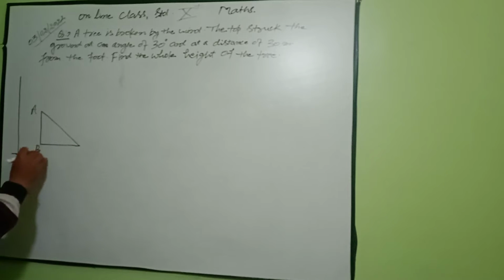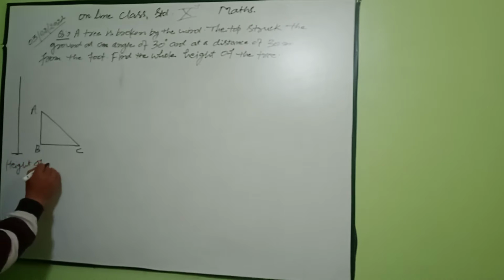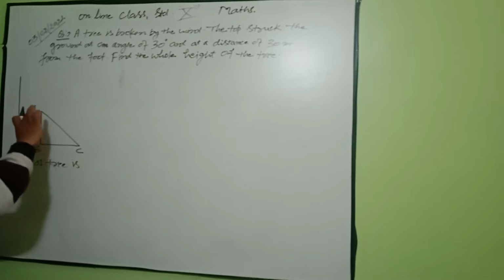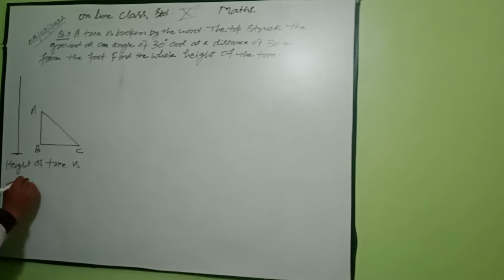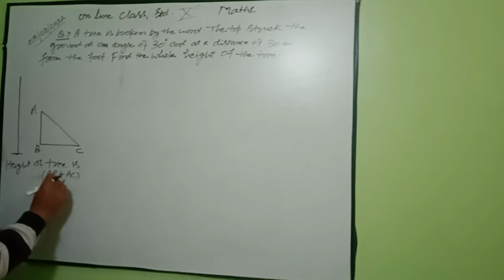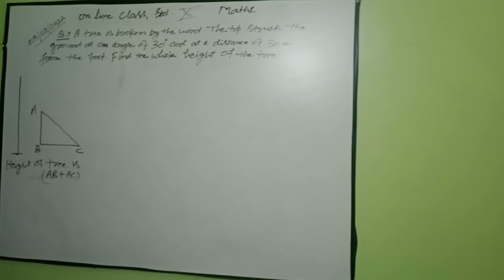A, B, C. The height of the tree is AB plus AC.